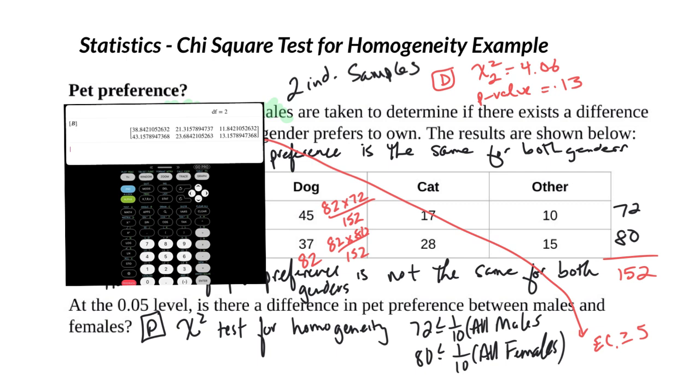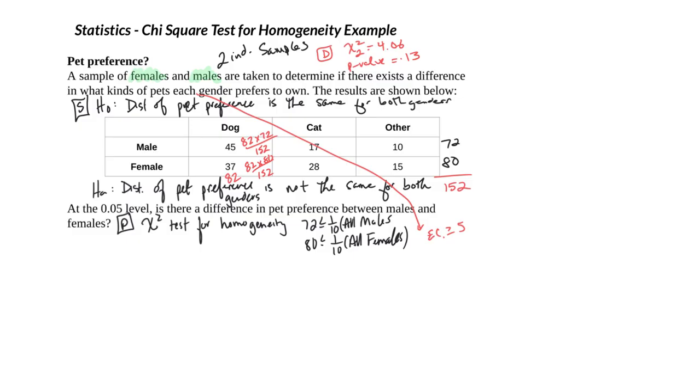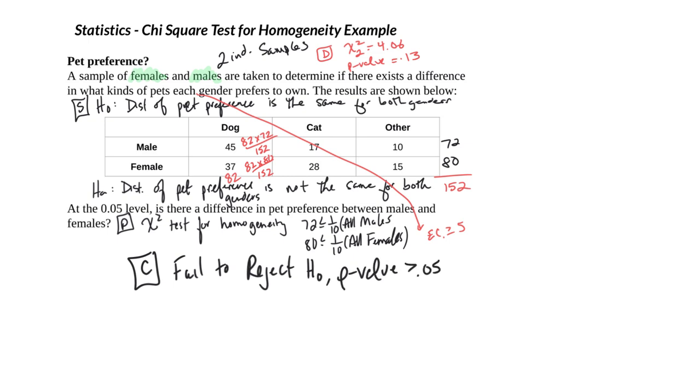Finally, our conclude based on this would be the fact that we would fail to reject the null. The reason? Our p-value is greater than the significance level we were told to check at.